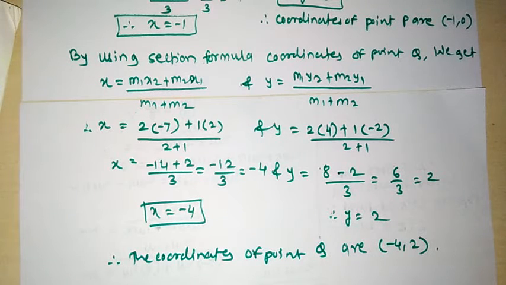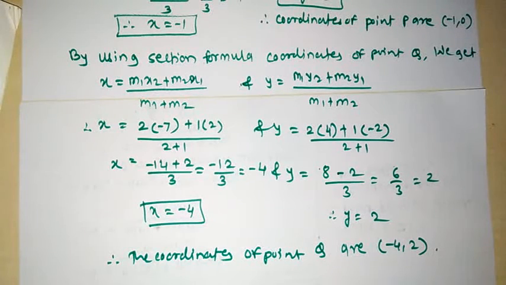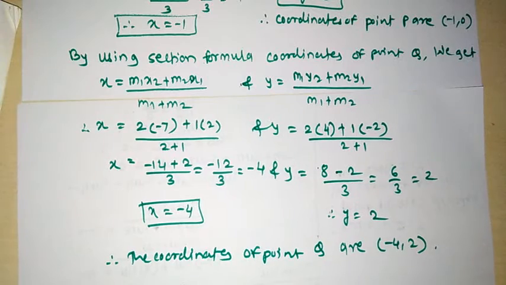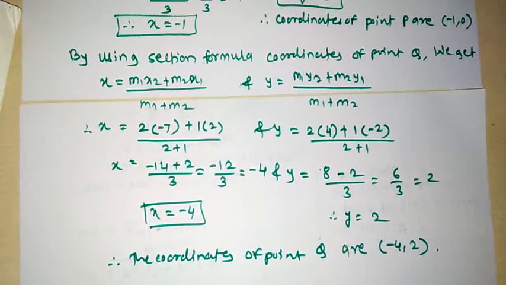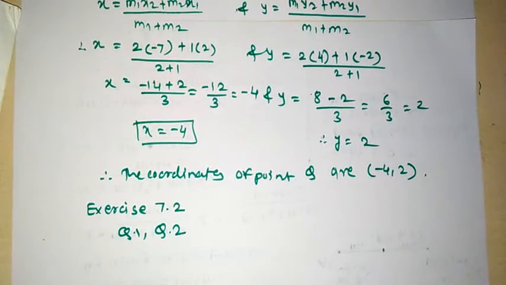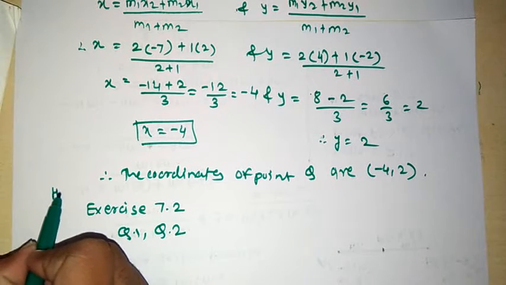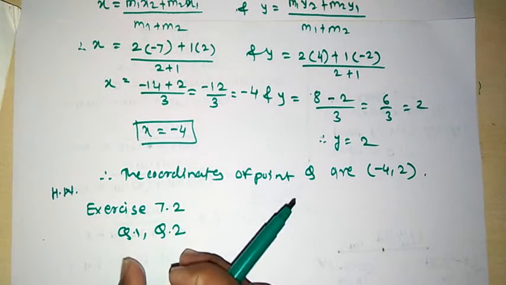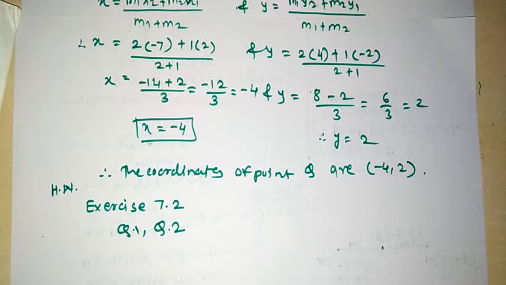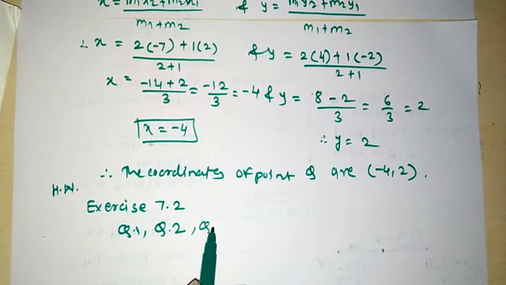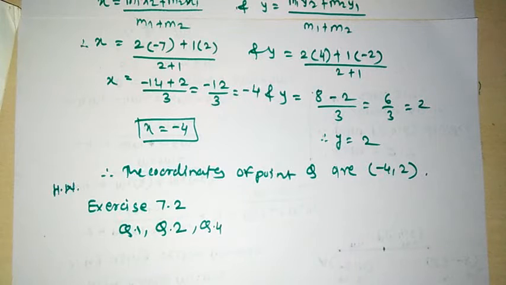Write down exercise 7.2, question number 1, question number 2. See here, these are the homeworks. Homework questions are exercise 7.2, question number 1, question number 2, and question number 4. These questions are for the homework. You have to solve it.